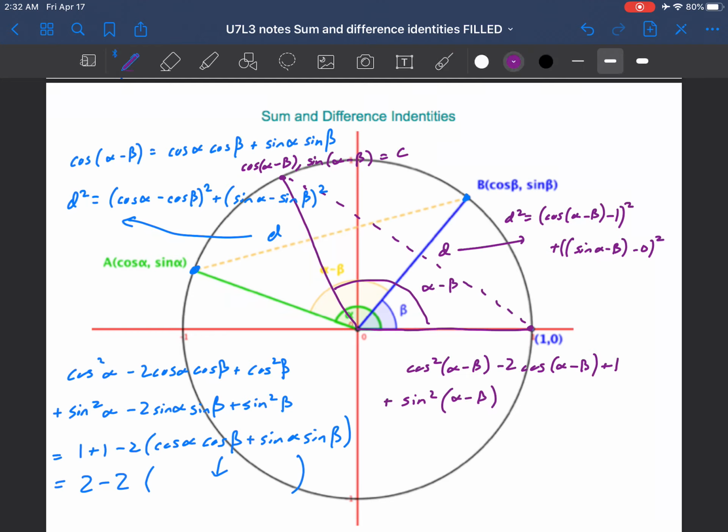All right, this simplifies also, right? This is going to be 1. We've got another 1 here, and then we've got this. So this really turns into 1 plus 1 minus 2 cosine alpha minus beta, which is 2 minus 2 cosine alpha minus beta.